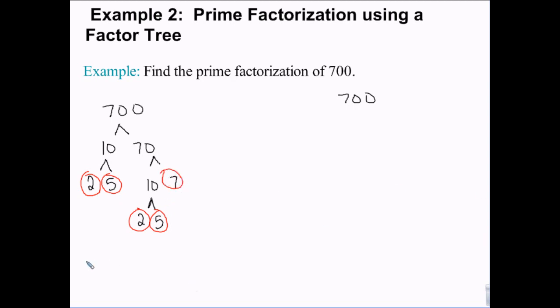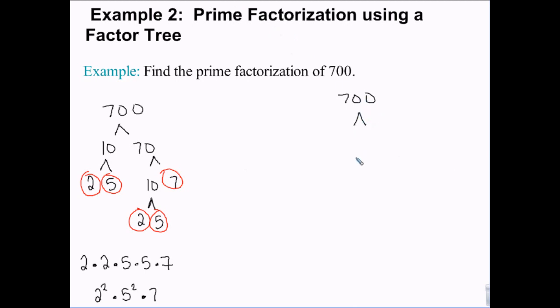So if I write that out, and then I can also use exponents, 2 squared, 5 squared, oops, not 7 squared, just 7. Okay. Now, let's break 700 up a different way.